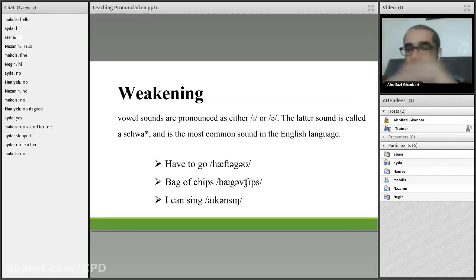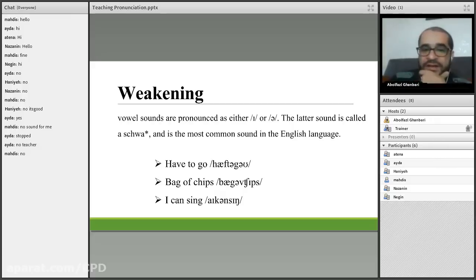As I told you, in weakening, vowel sounds are pronounced as a schwa. They should be shorter. For example, have to go, say it, have to go. Bag of chips, say it, bag of, bag of, yeah?